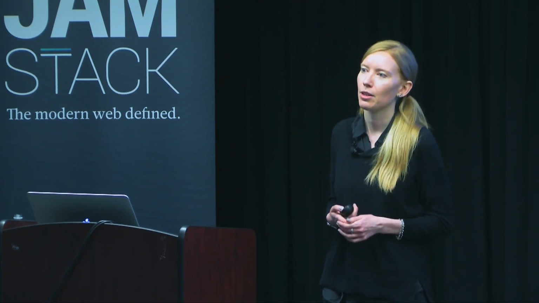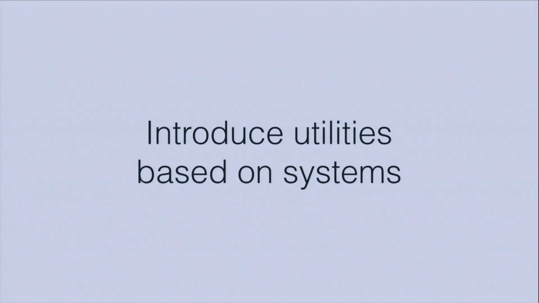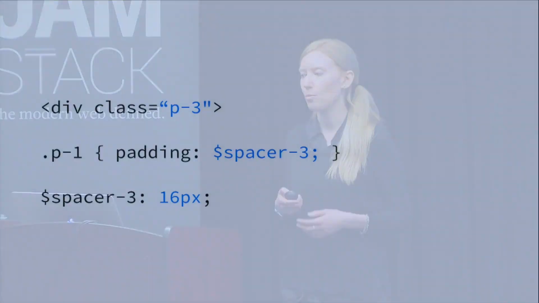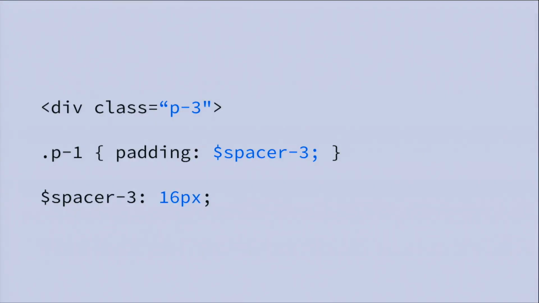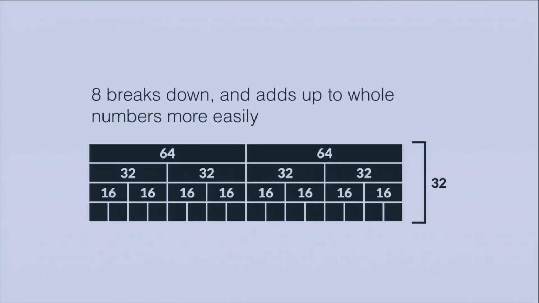So you may have heard of terms like functional CSS, atomic CSS. You may or may not like them. We started by introducing utilities, which are single-purpose classes that just do one thing only. And we base those on a system. As an example of that, take padding. Each utility was using a variable that mapped to our spacing scale. And when you're choosing these scales, you need to also think about how that system works.